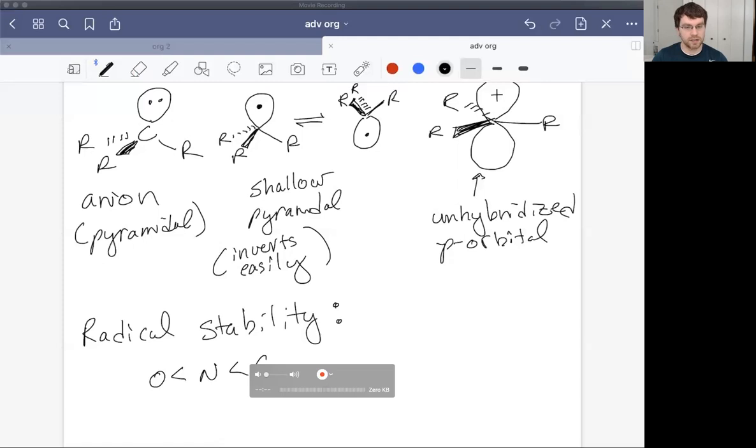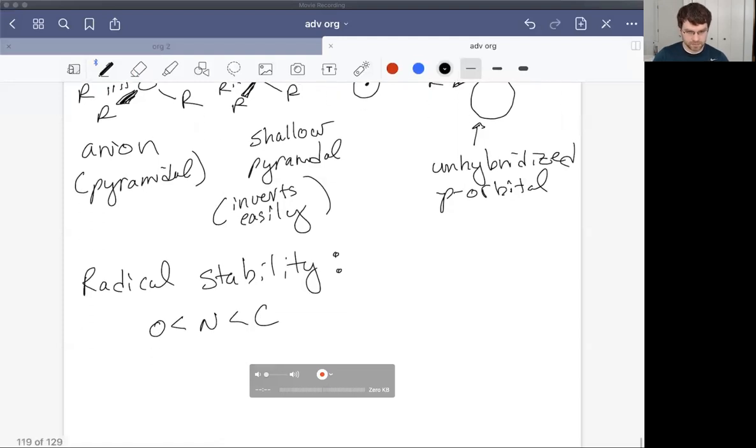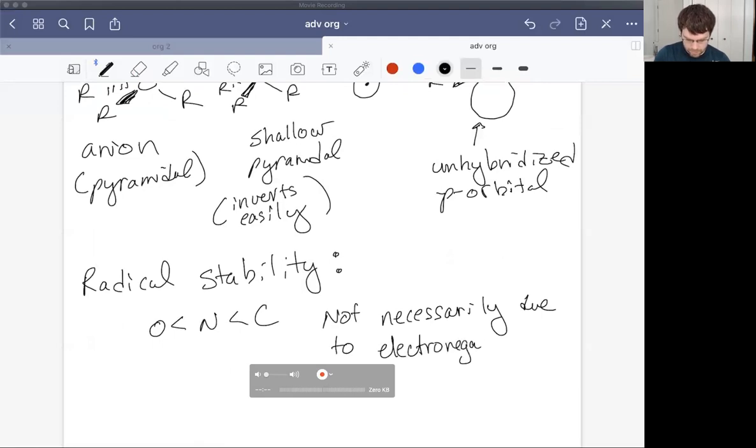But where I tend to start to think about stability is substituents. I'm going to say not necessarily due to electronegativity, where carbon's the least electronegative and that sort of thing. Rather, there are substituent effects.